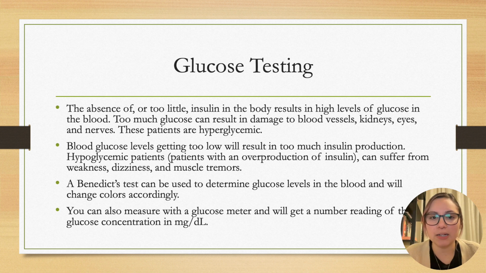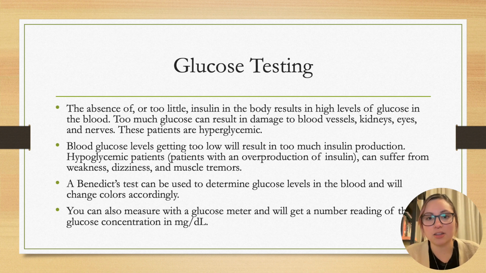accordingly. So in a Benedict's test, there's a Benedict's reagent containing a copper ion, Cu2+, and it reacts with an aldehyde functional group on the glucose structure, which oxidizes it and changes the functional group to a carboxylic acid.